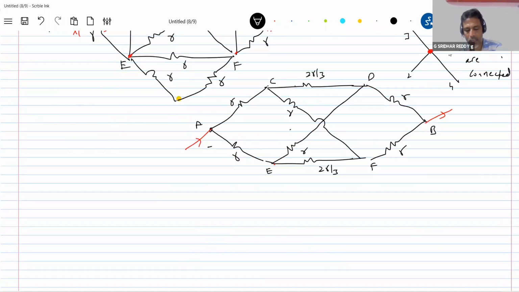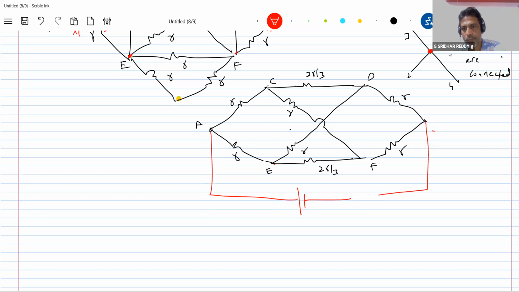The total circuit, after redrawing, I'll bring one external cell. Let its EMF be V naught. This will be V naught and this will be 0.